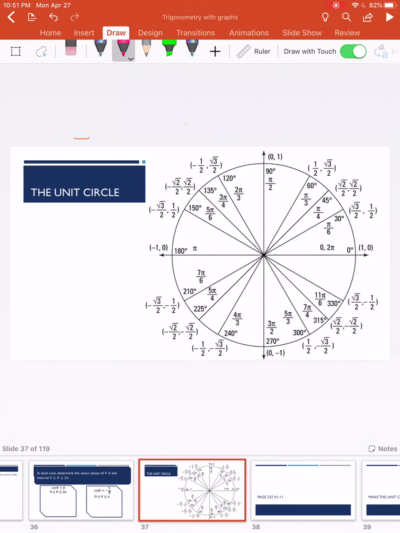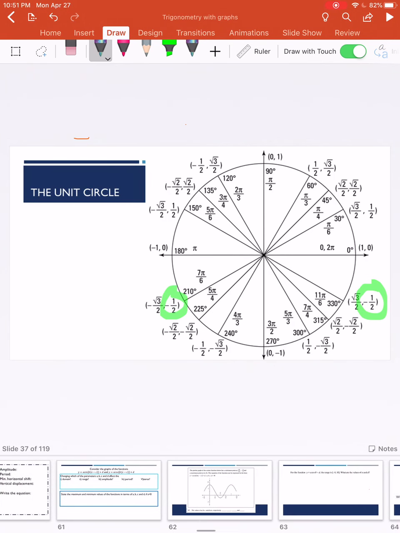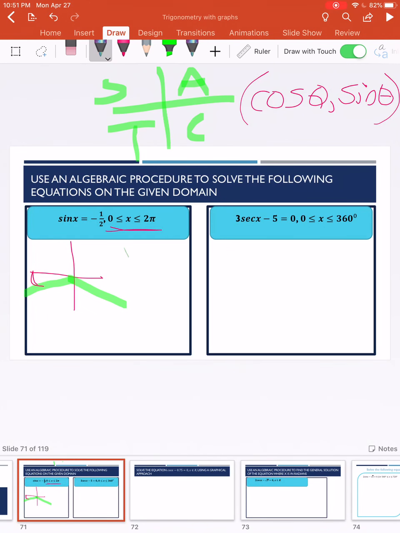So sine theta, which is the second point in the ordered pair, is equal to negative 1/2 at 7 pi over 6 and 11 pi over 6. So that's our answer. I'm going to go back here, and I know my answer, x, or the angle, is 7 pi over 6, which is this angle here, and 11 pi over 6.